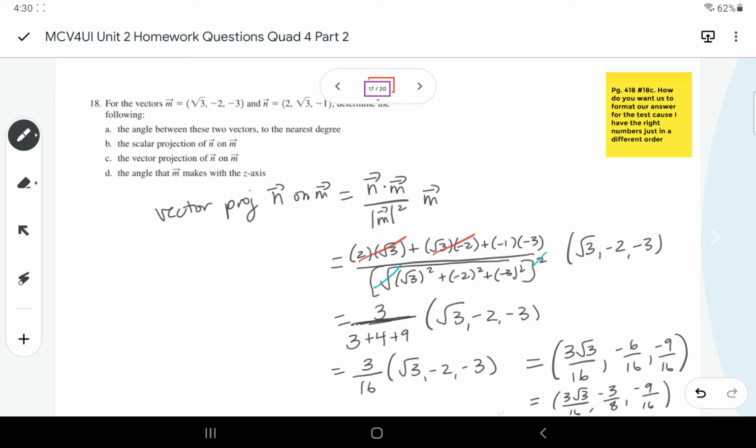Any questions on that one? If we forget to simplify the terms, what mark will be docked? Would it be like communication, or would that be like the actual question? Yeah, this would be communication, that 6 over 16 is 3/8. But this is not a fully answered vector.